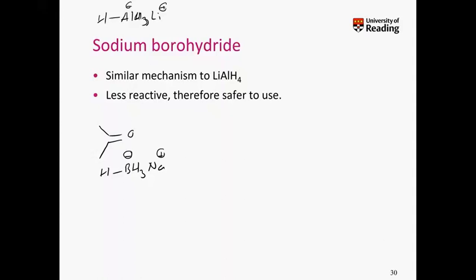Yeah, and you can see those things are very, very similar to one another. So it does a similar thing. The electrons in this bond here can be used to attack our carbonyl, and it attacks as if it's a charged nucleophile. Again, that's really key.